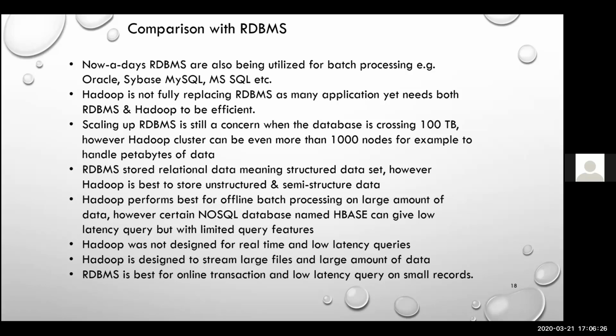Don't get me wrong, Hadoop is also able to process structured data, but it is best for unstructured and semi-structured. Hadoop performs best for offline batch processing on large amounts of data. However, a certain NoSQL database named HBase can give low latency queries, but with limited query features.